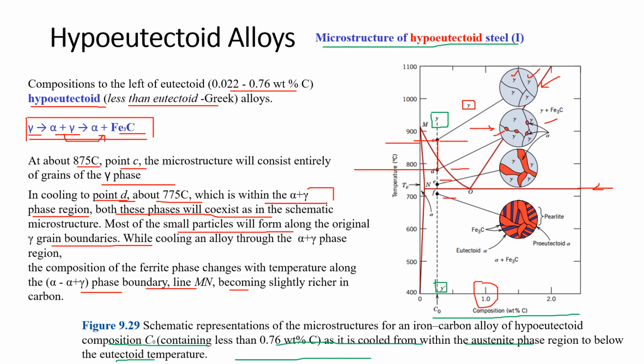Point D is very near the line MN, becoming slightly richer in carbon. As we cool down from point D to E, the carbon becomes slightly richer in this region.